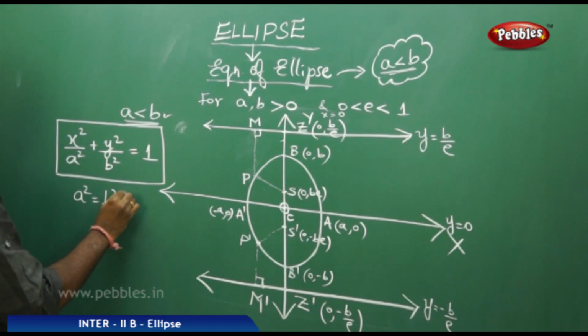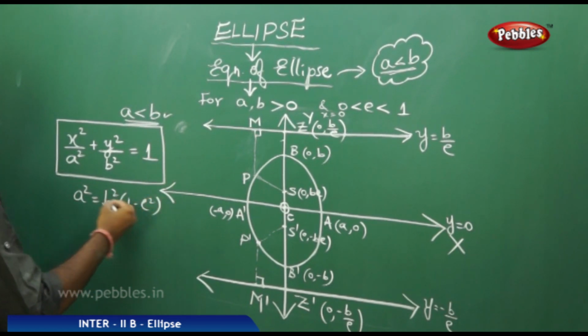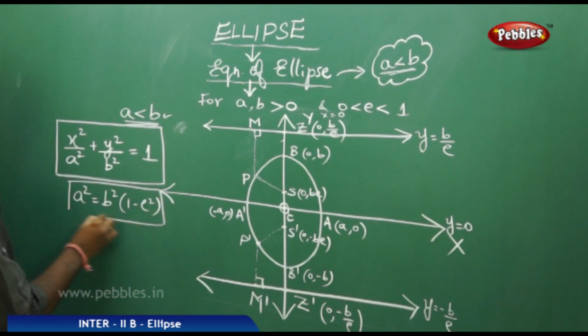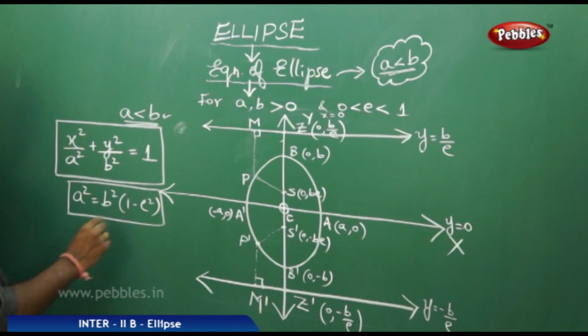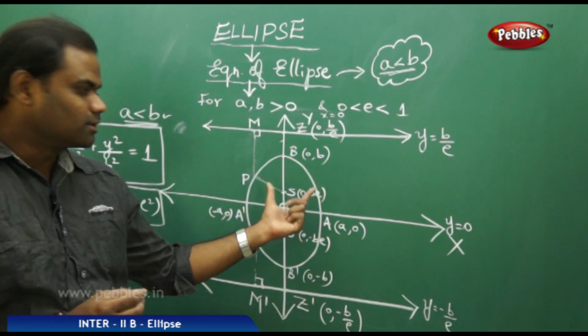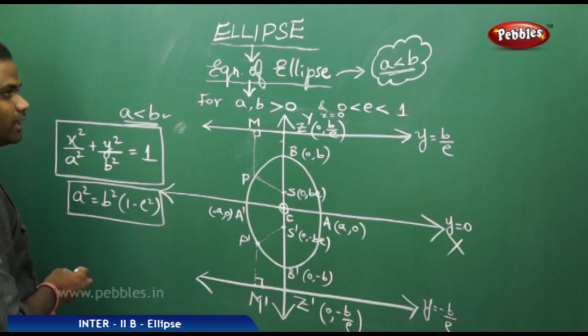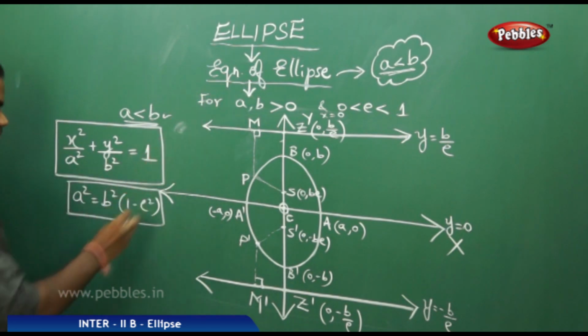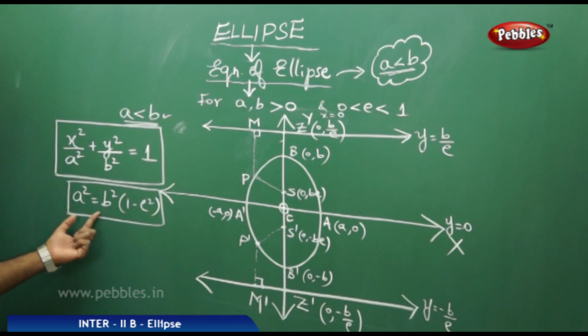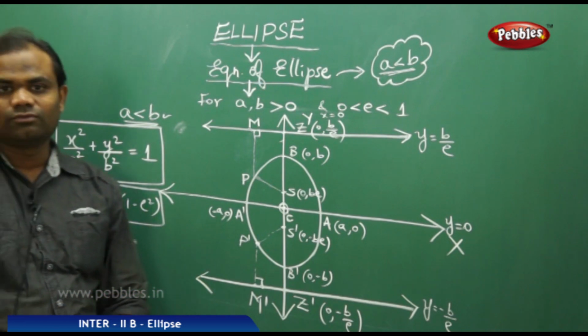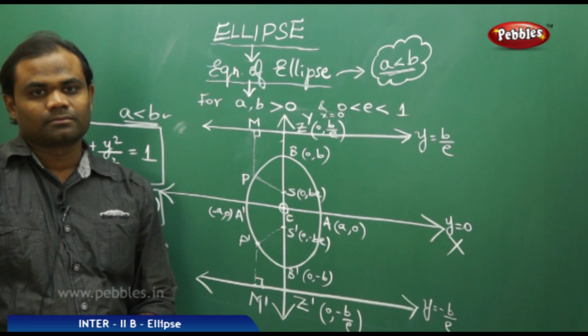A squared equals b squared times 1 minus e squared. Now we clearly see that the whole of the ellipse in the previous case is shifted: for a greater than b shifted to a less than b, all b squares are replaced with minus b square, and therefore I get the condition a square equals b square times 1 minus e squared for this ellipse.